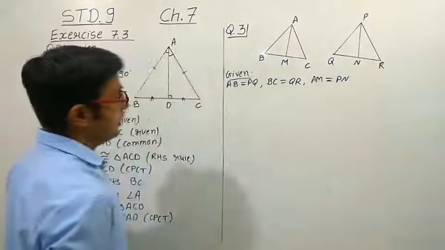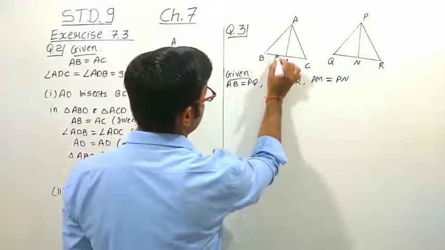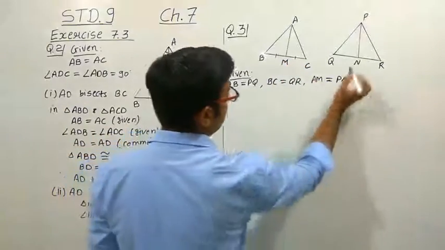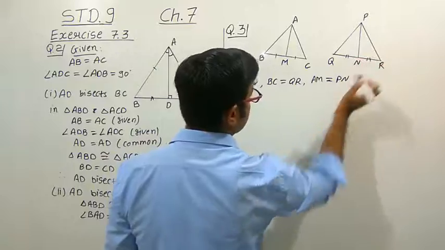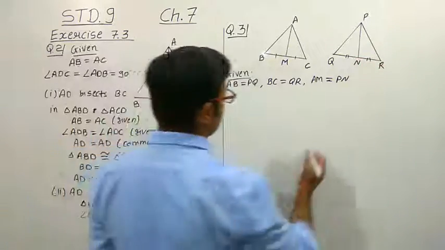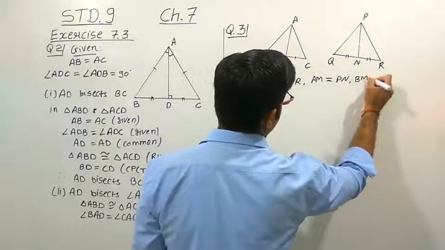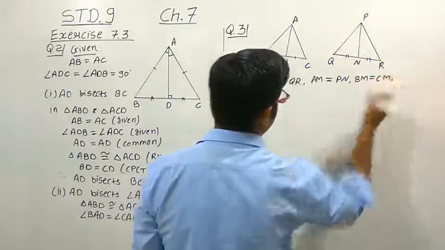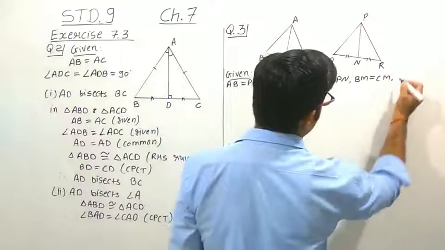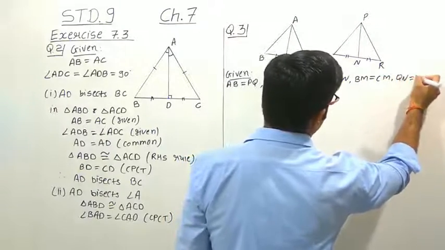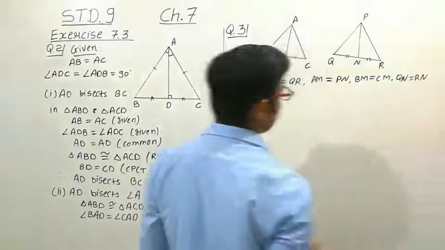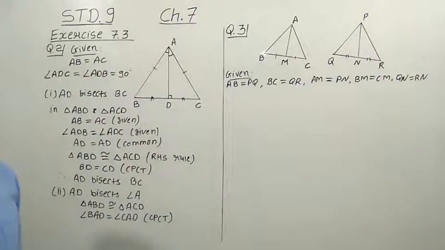Okay, we have given that AM is the median, so BM and CM will become equal. In the same way, this part and this part will also become equal. So here also we can write down that BM is equal to CM, and QN is equal to RN. So these all are the given conditions, right?